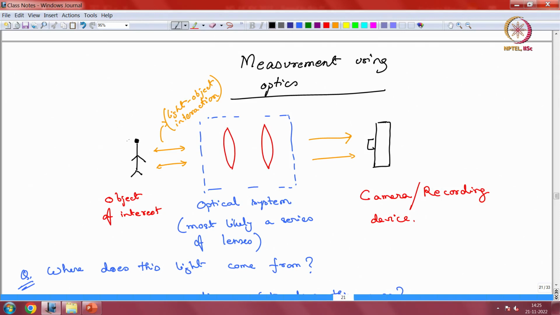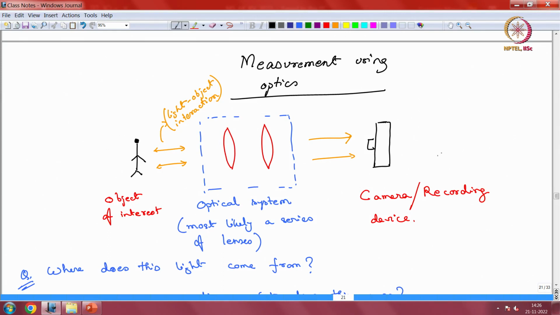So we have an object of interest, we have some matter here. Here I've just used a stick drawing to draw a person, but this is just representative of some matter, and then you have light falling onto this and then coming back from it, and then it goes through an optical system and finally is recorded by a camera. So this particular portion, the light object interaction, I am going to discuss a little bit about it.